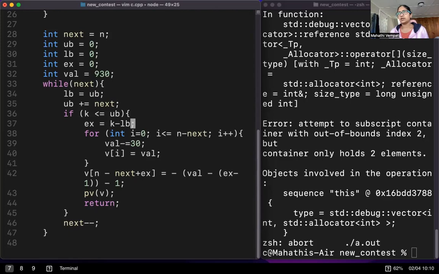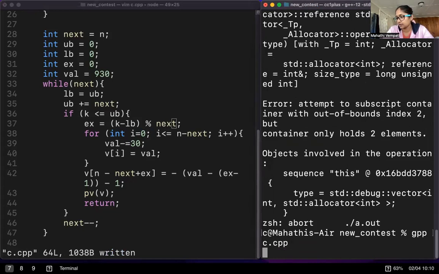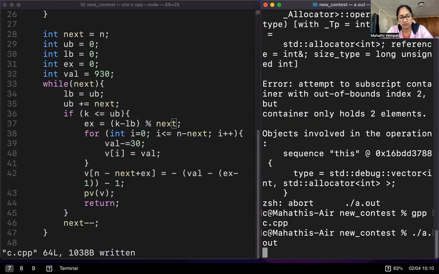Mod next is fair. I think mod next. I feel like this would be impossible to debug.